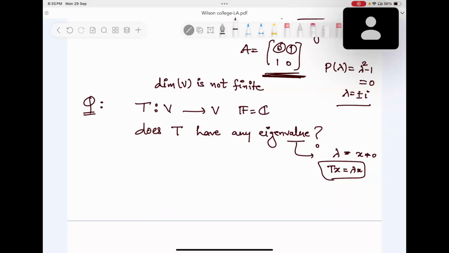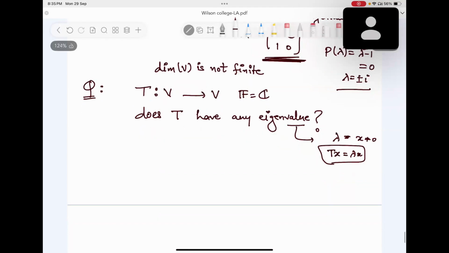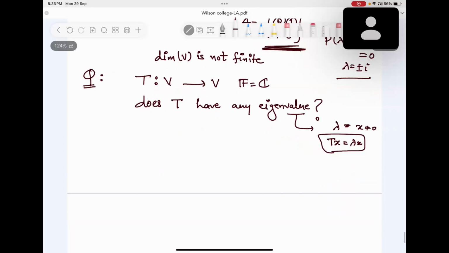Now, does T have any eigenvalue? Okay, what is your answer? It may be, may not be.